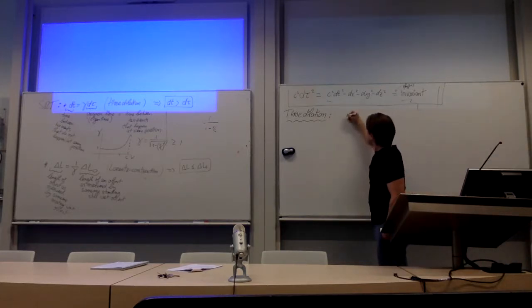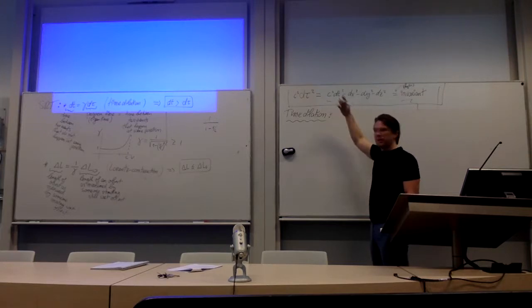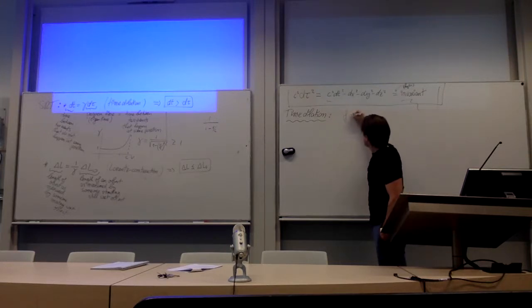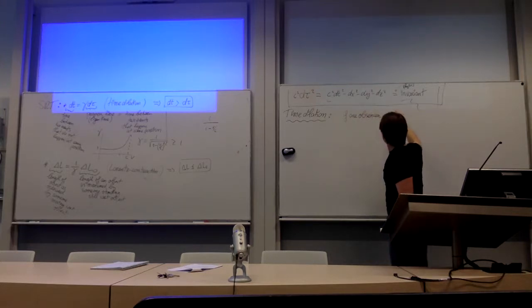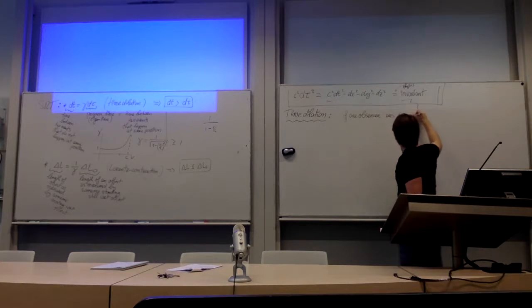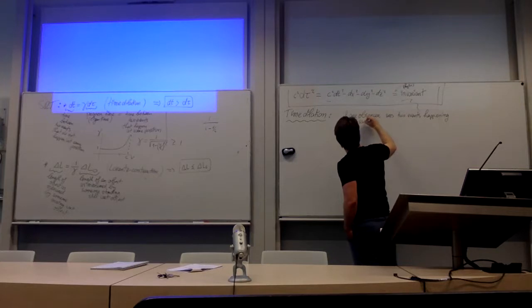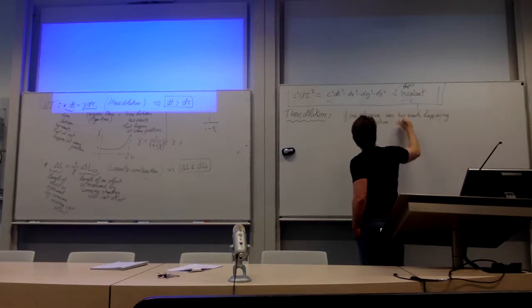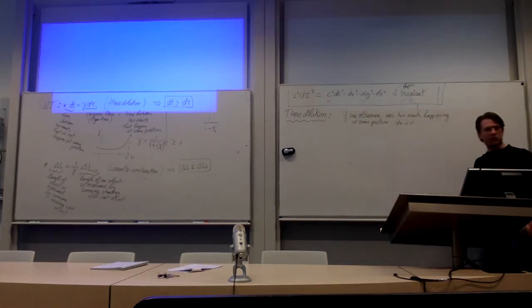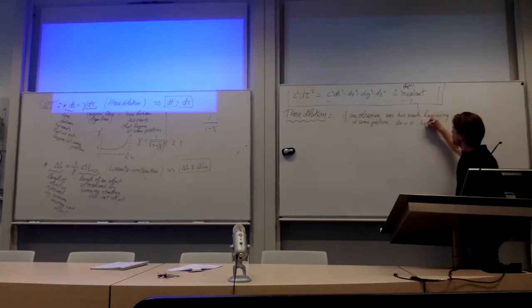Yes. So as an observation, before we continue, if one observer sees two events happening at the same position, that means for that observer dx is 0, dy is 0, and dz is 0.